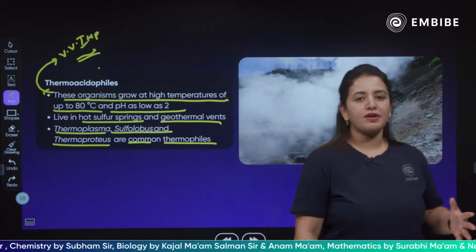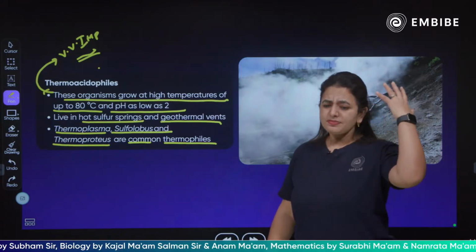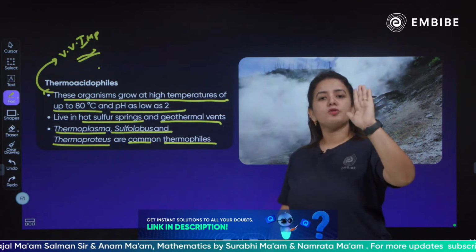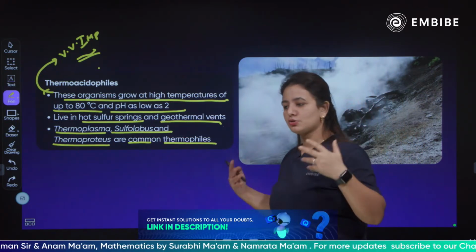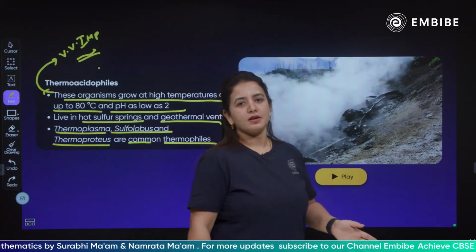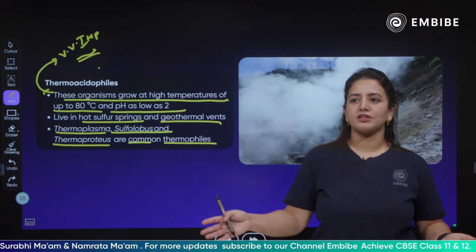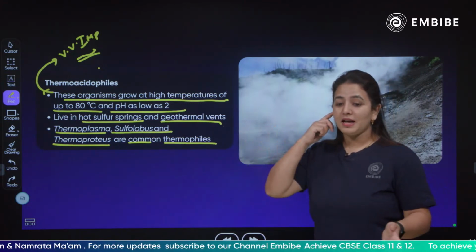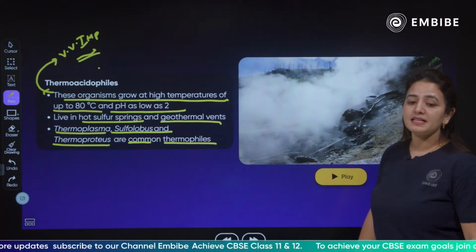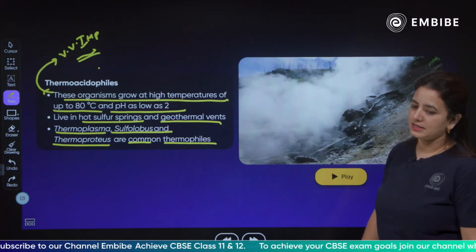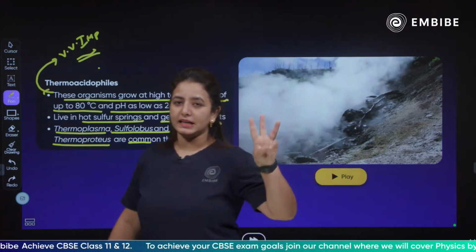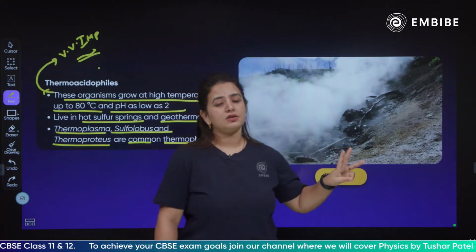So the Thermoacidophiles can survive up to 80 degrees temperature. Imagine, at 40-42 we are just sweating very much. Okay, we cannot survive if the temperature rises to 42, 43, 44, 45. Imagine, they are surviving at 80 degrees C and they are present in hot sulfur springs and geothermal vents. Okay, so this is about the 3 types of Archaebacteria and the general characteristics of Archaebacteria.